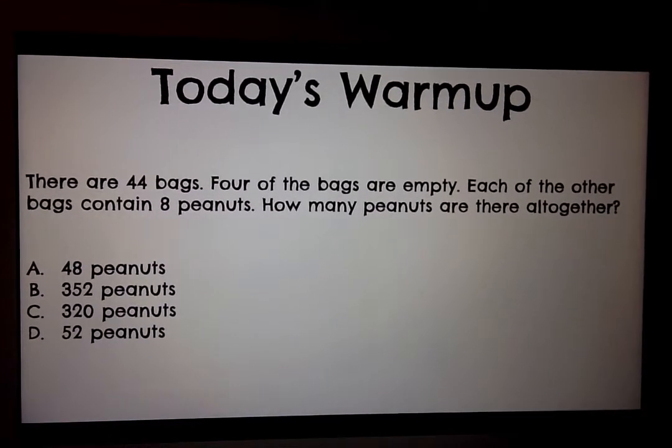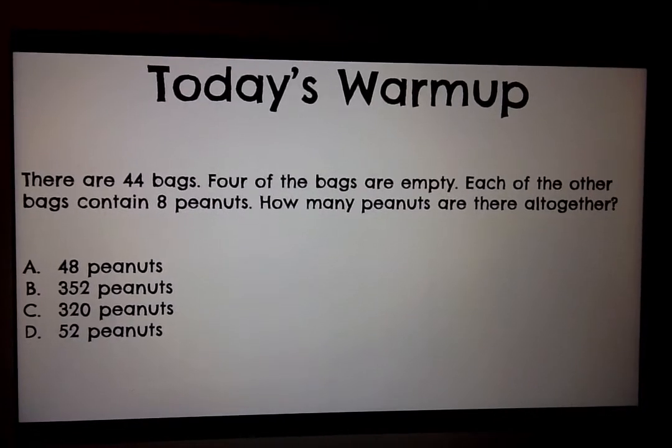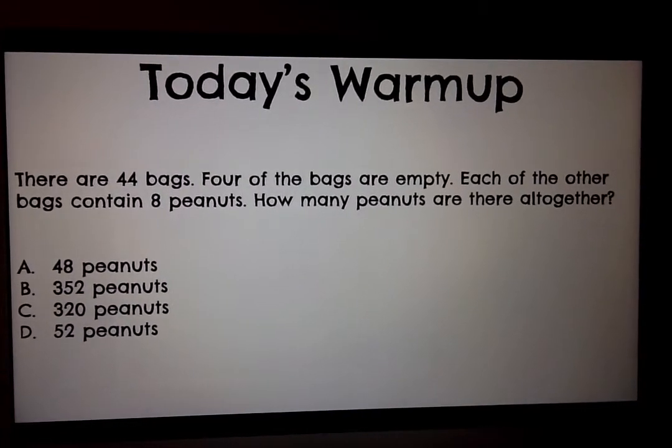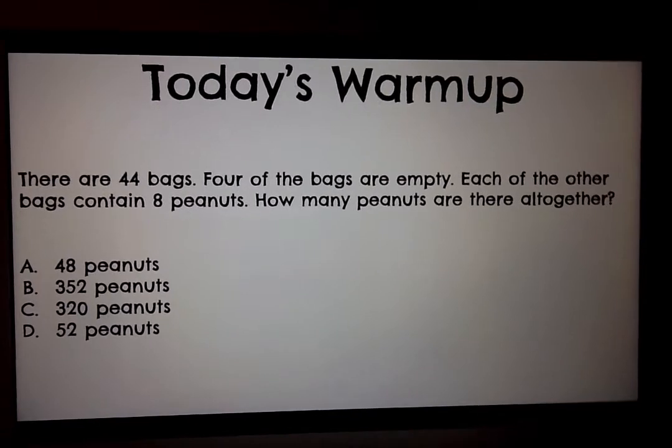Make sure that you are realizing that 4 of the bags are empty. So how many bags actually have peanuts in them?